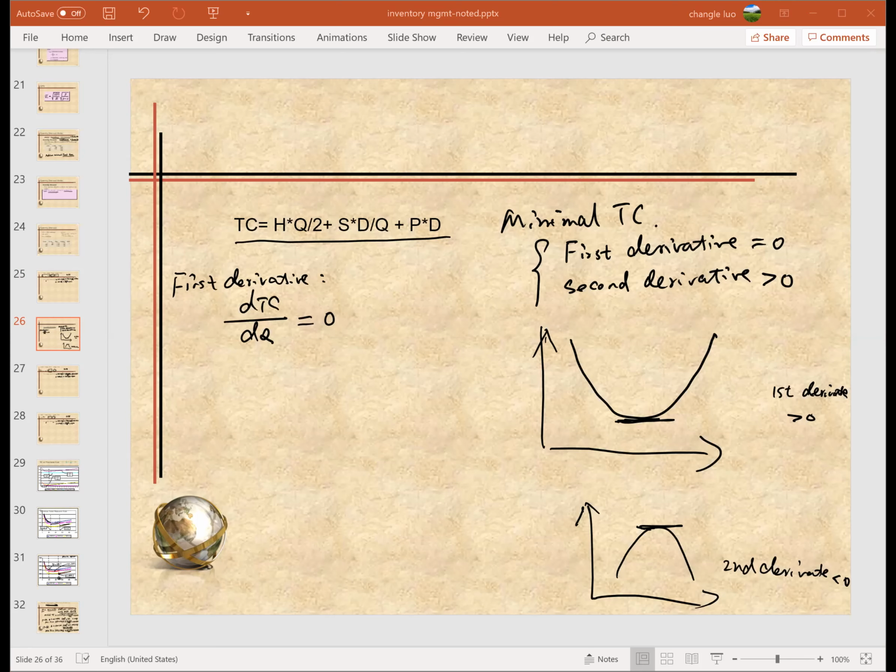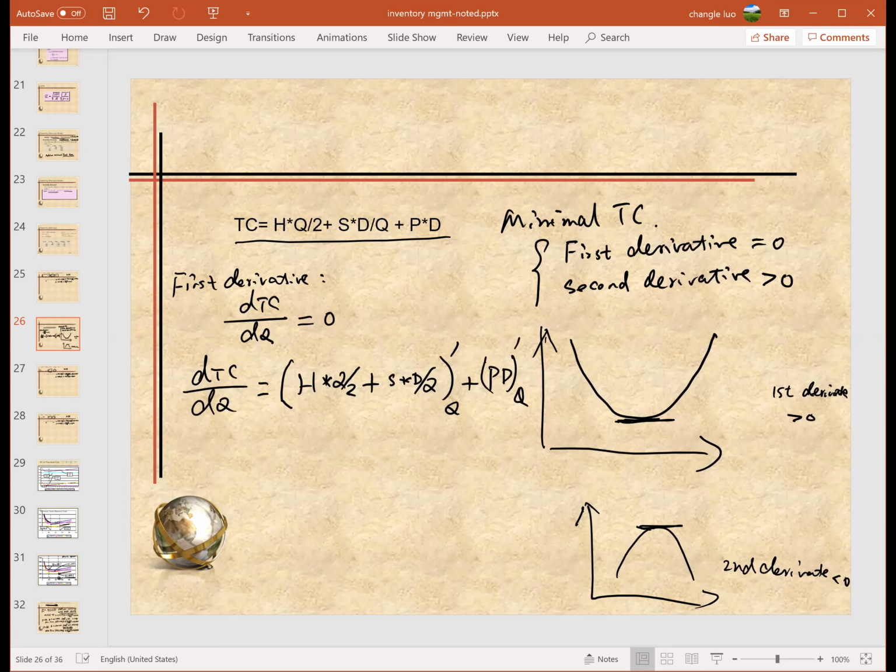The first derivative is very interesting because you see, the first derivative equals the derivative of this part on Q plus PD on Q. Let me do a better writing here.